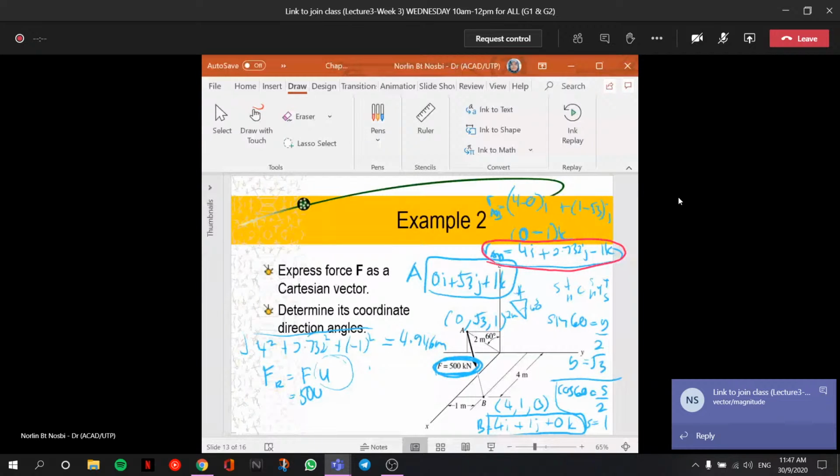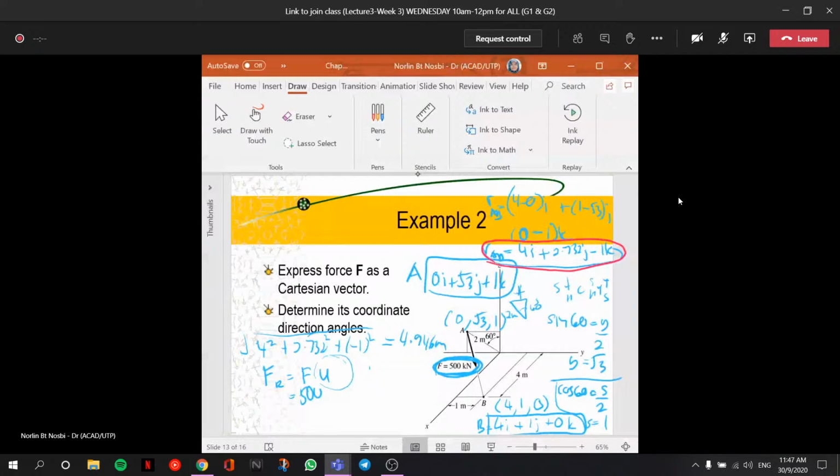So U is 4i plus 2.732j minus 1k over the magnitude. What is the value for the magnitude? 4.946, this one.